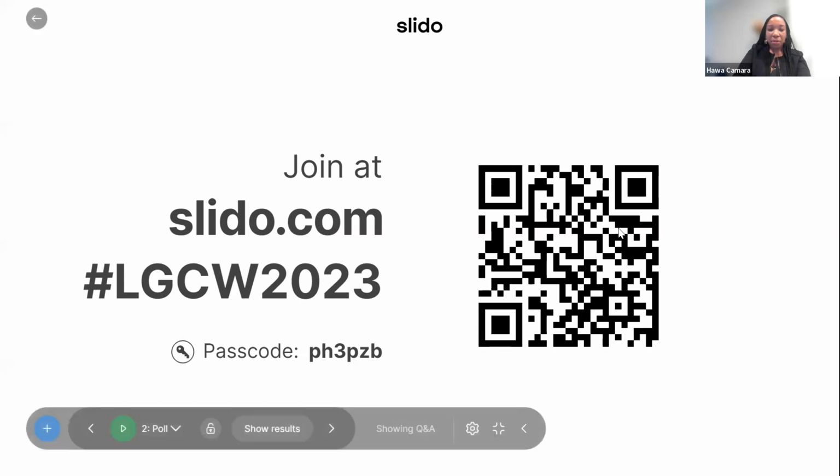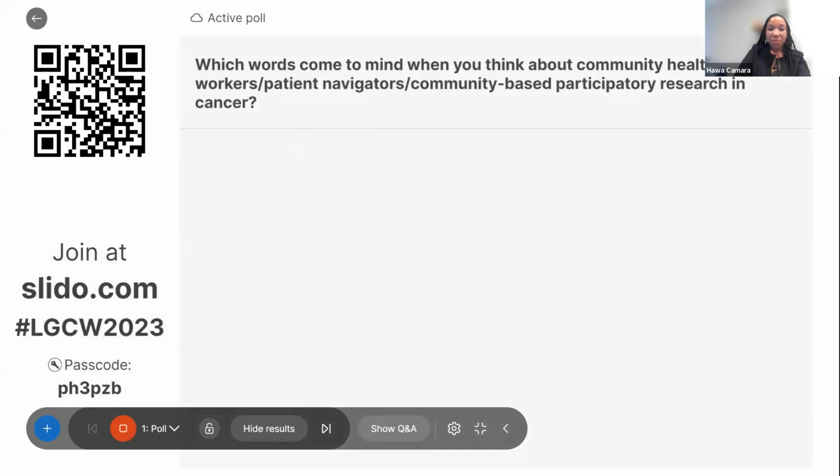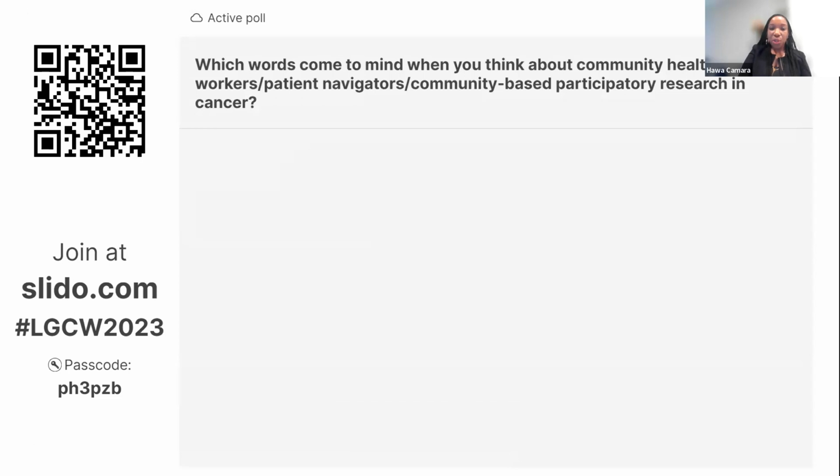We'll start with our first question, which will look like a word cloud. The question is, which words come to mind when you think about community health workers or patient navigators and community-based participatory research in cancer?